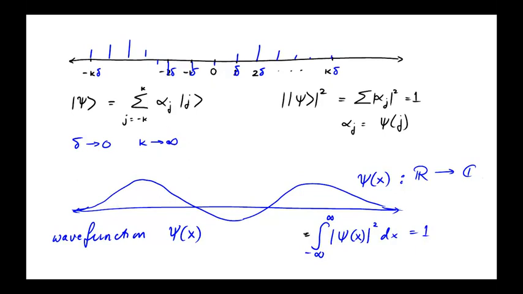Well, this is just the integral from minus infinity to infinity of psi of x conjugate psi of x dx, and this is 1. Okay, so a particle on a line is described by a wave function, which is a function from the real line to the complex numbers. It's normalized in exactly the same way. So the integral of psi of x squared dx is 1.